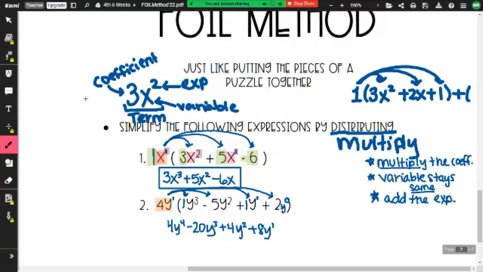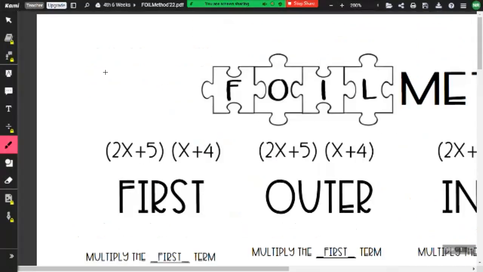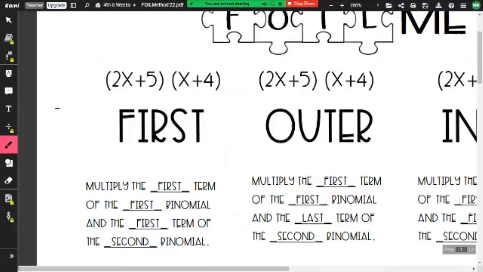We're distributing the monomial. We're multiplying this monomial with everything in the parentheses. But what do we do when we're multiplying two binomials? When we don't have just one number on the outside. Just so you know your way around, because we have all this verbiage right here, multiply the first, second.